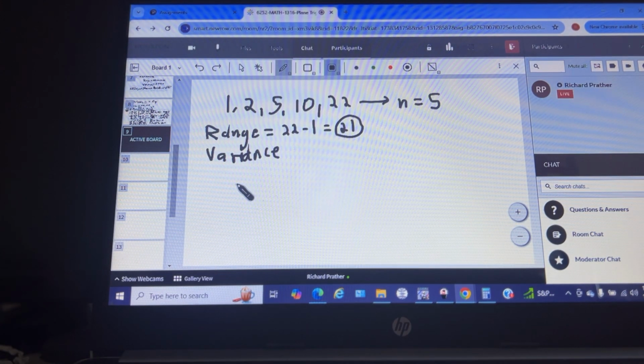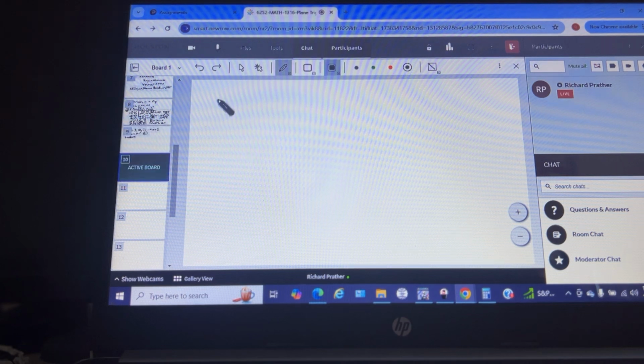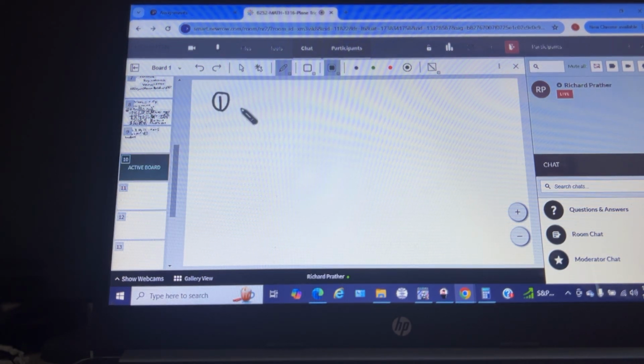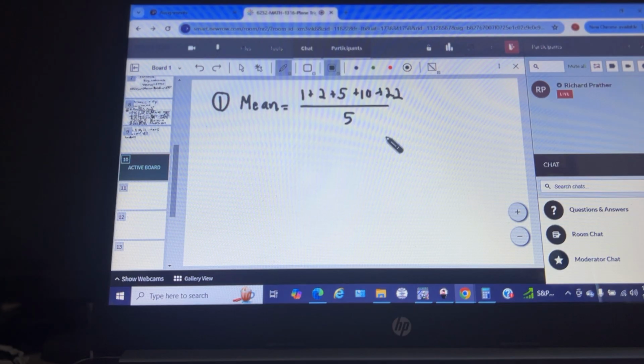So step 1 of variance is to find the mean. And this is where you add them up and divide by how many there are. 1 plus 2 plus 5 plus 10 plus 22, and divide by 5. So 1 plus 2, 3, plus 5 is 8, plus 10 is 18, plus 22 is 40. 40 divided by 5 is 8.